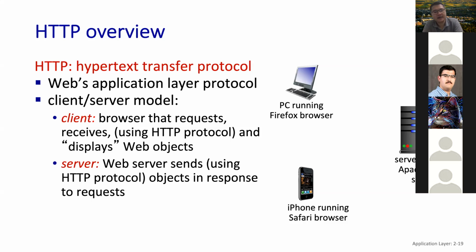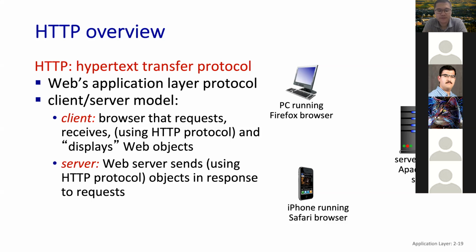You can think about the client using the HTTP protocol to send the request to the web server, and after they get the web object, they just display the HTML, the image, or whatever objects in their browser, right? The server just receives the request, provides the response, and sends the objects back to the browser, the client.